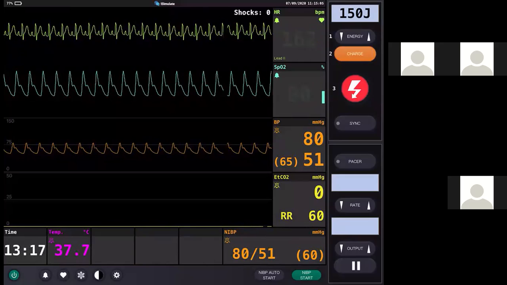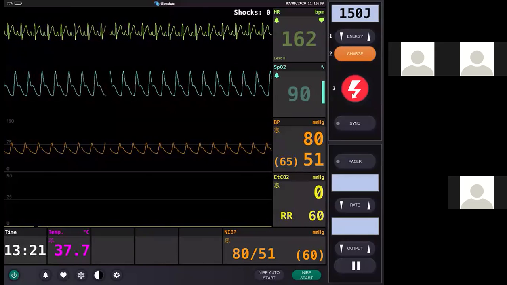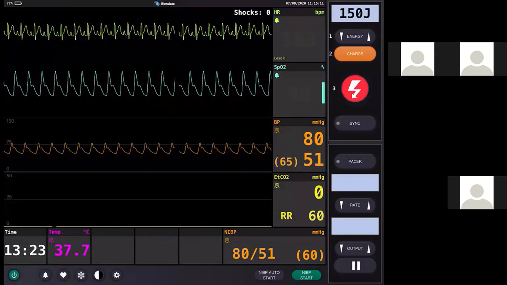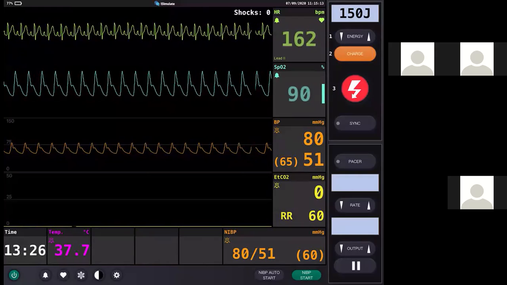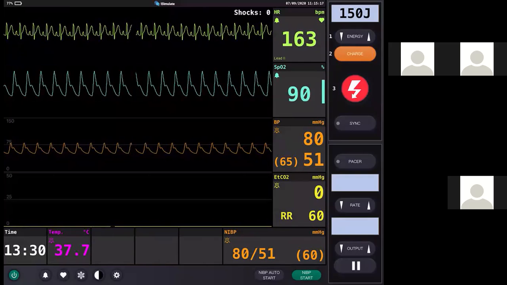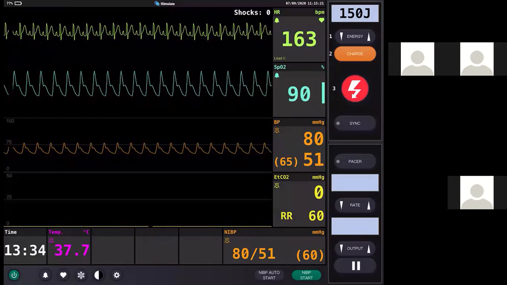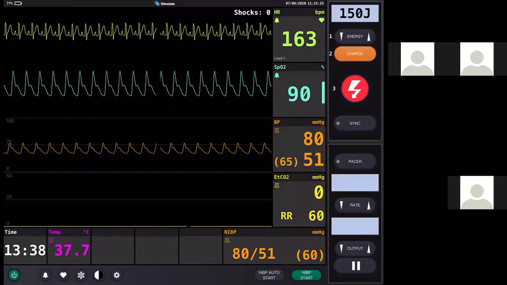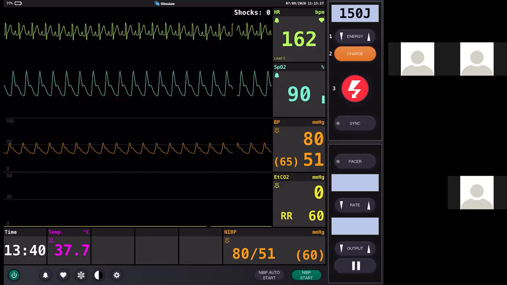Okay. Hypoxemia. Okay. What else? Heart failure. Yeah, so this patient is in heart failure. Remember, your cardiac output is heart rate times your stroke volume, and your stroke volume is preload, afterload, and contractility.